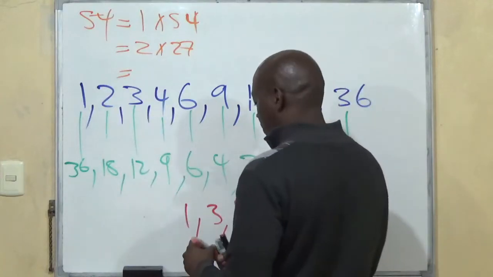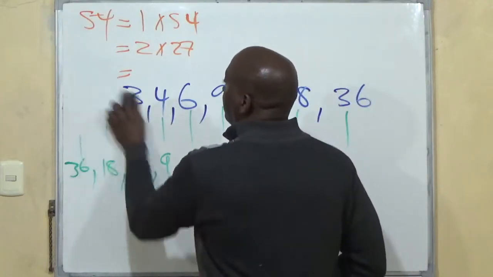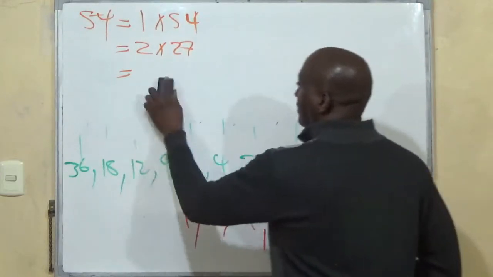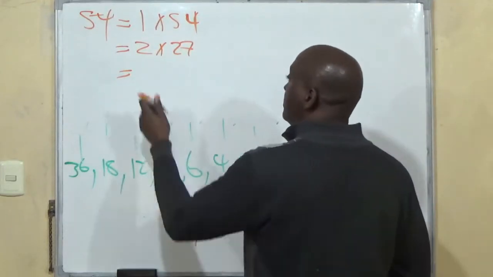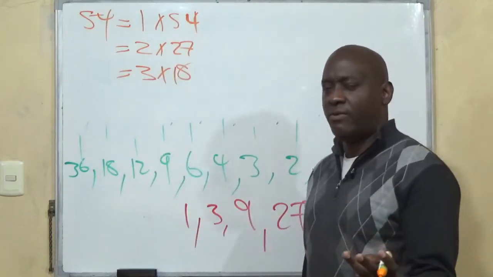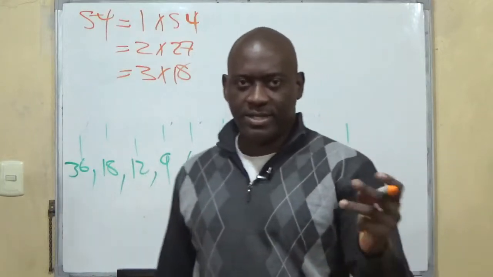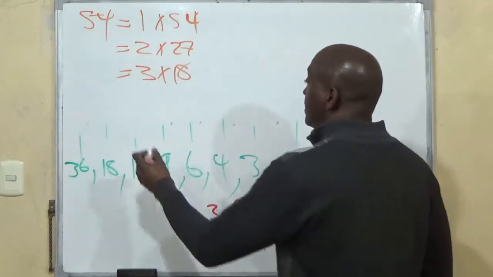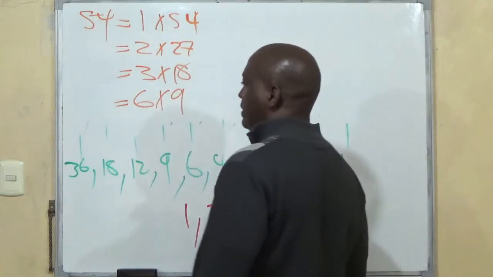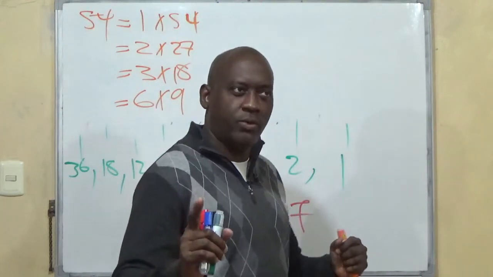After 2, we try 3. 54 is 3 by 18, right? Yes. So we try 4. 4 won't go in 54. 5, no. 6, yes. 6 by 9 is 54. Anything else? 7, no.